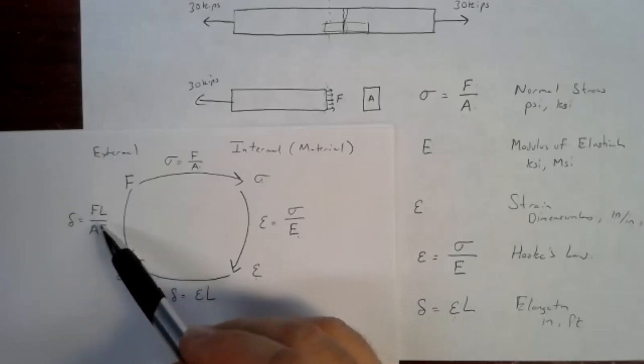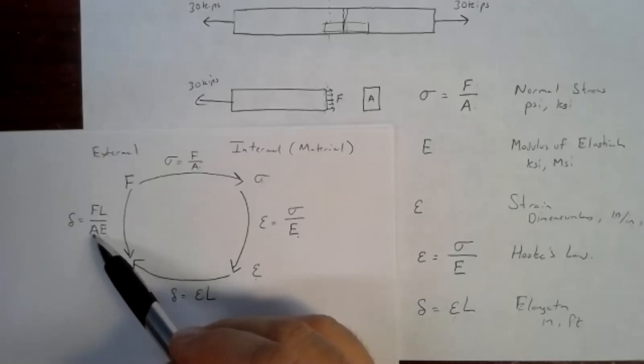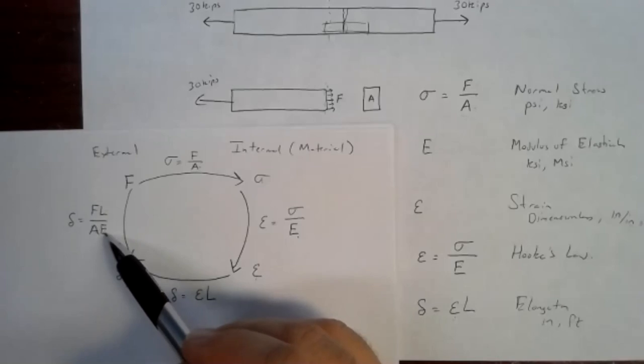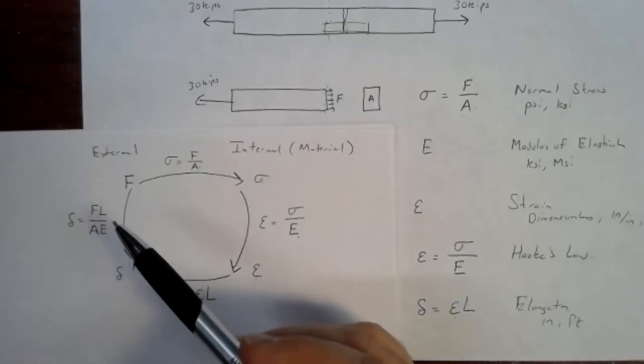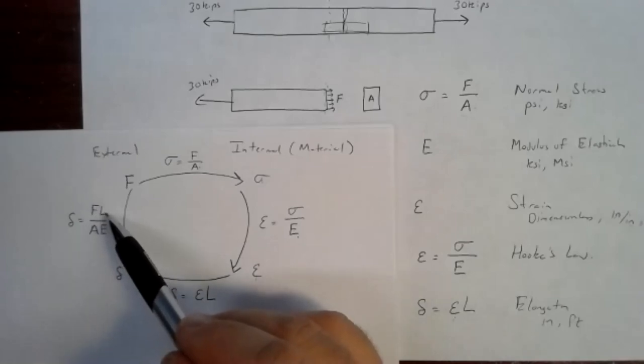If you've got pounds up here, you've got to use PSI down here. The area has to be in square inches. It won't work if the area isn't in square inches, since typically the modulus involves pounds over square inches, PSI or KSI. The only one that has units that really aren't going to matter directly is the length.